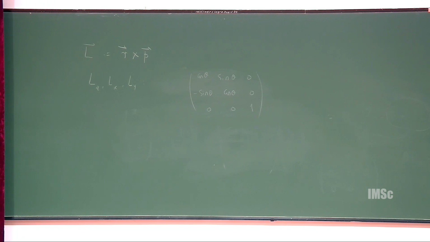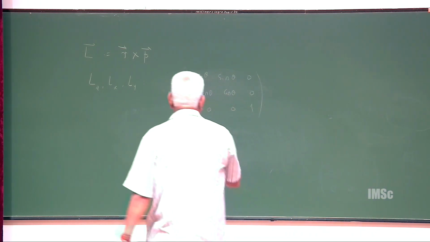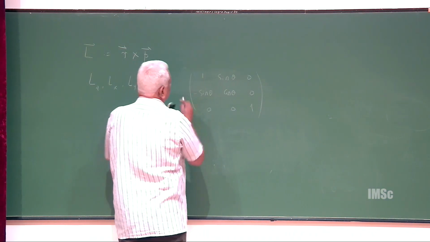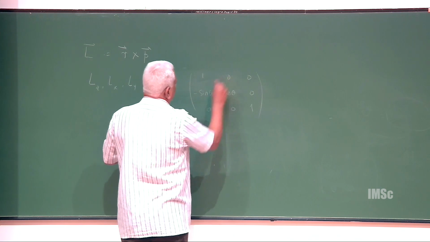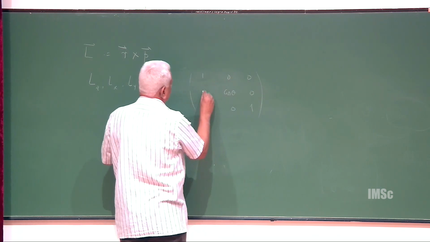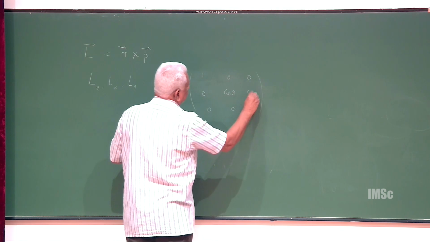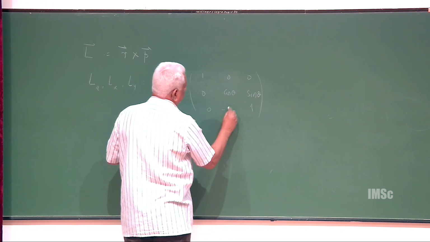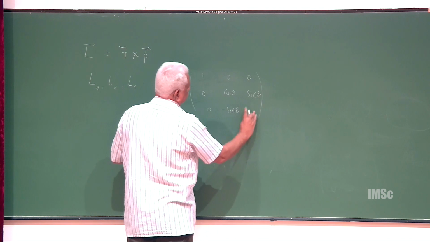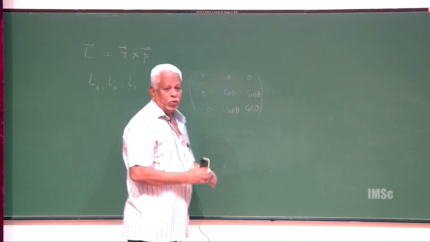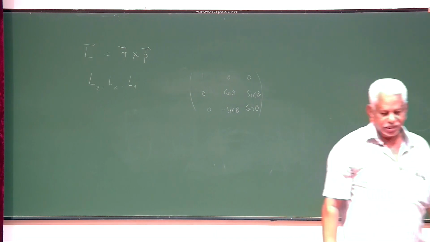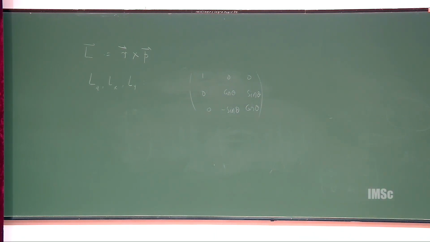It will be in the yz plane, in which case this will become 1, this will become 0, this will become 0, this will become 1, sin theta, and this will become minus sin theta, and this will become cos theta. This is the rotation about the x axis, similarly for the y axis. So, each one you can work out, Lx, Ly, Lz. So, now you have 3 matrices Lx, Ly, Lz.